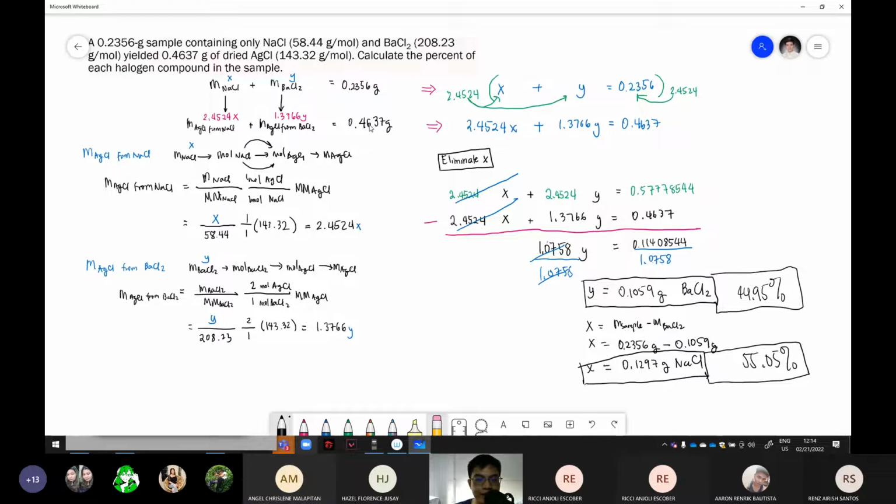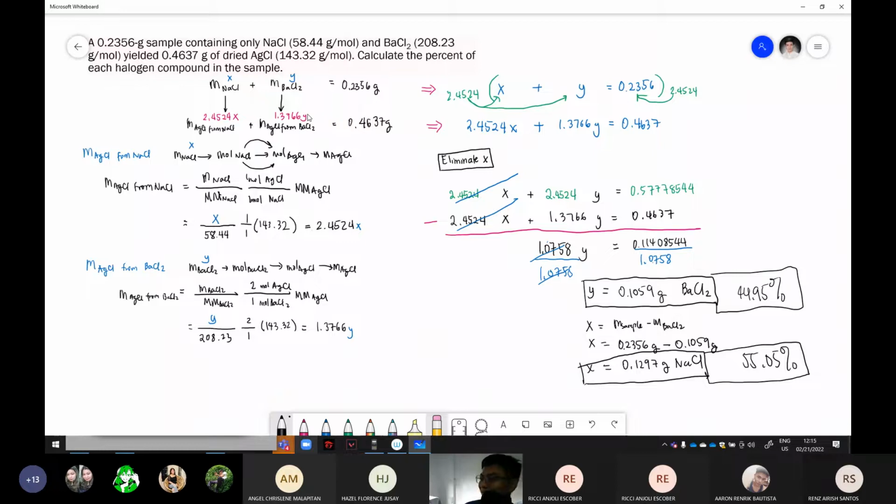And then, para makuha mo yung kanilang expressions, again, expression tawag natin dyan, you convert X to mass of AgCl. So you will not get the exact mass, but you will get an expression. Ganon din dito sa baba, okay, kay barium chloride. And then yung expressions na yun, i-plug in mo sa second equation. Then you have your two unknowns.